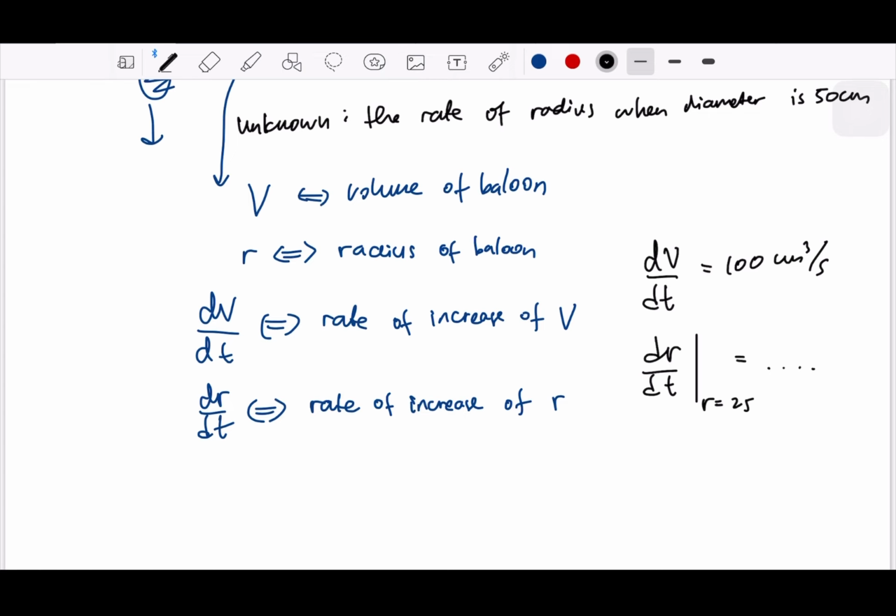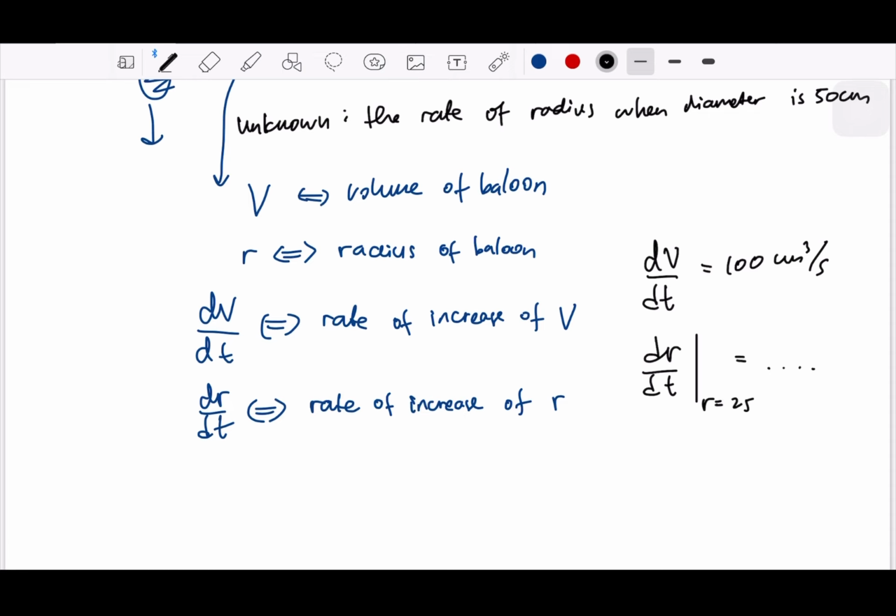So we need to connect the volume and the radius. Of course, the volume has the radius in the formula, right? In the formula of volume. So in some cases in related rates, we need to at least remember some geometry, either area or volume, and sometimes it is given in the question itself.